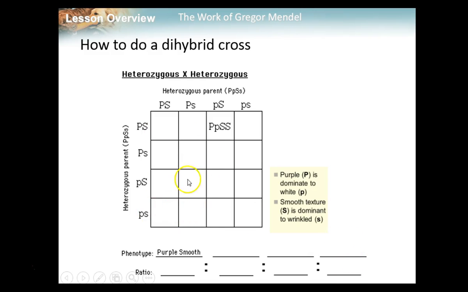When you count them up, you should have ended up with a ratio of 9 purple smooth to 3 purple wrinkled to 3 white smooth to 1 white wrinkled. So it should be a 9:3:3:1 ratio. And that's a pretty common ratio to look for in any test that you take on a dihybrid cross.